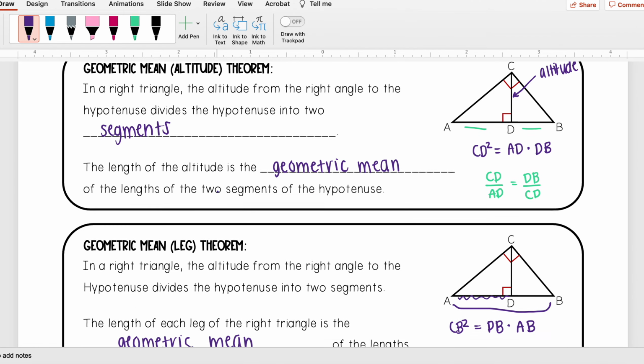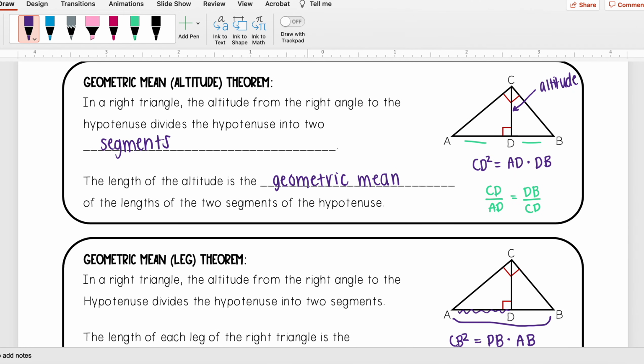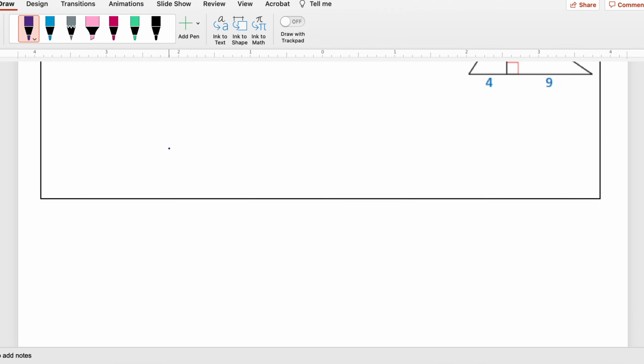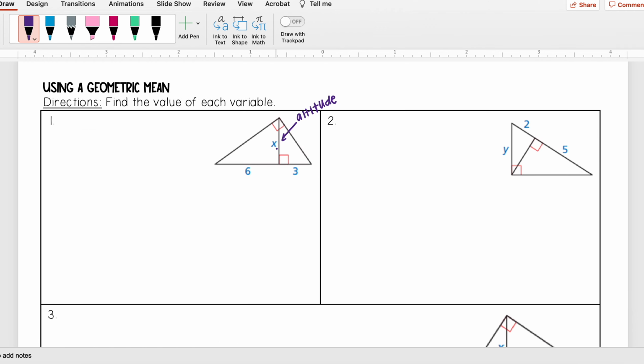And that first theorem told us that it's going to be the geometric mean of the lengths of the two segments of the hypotenuse. And so I'm just looking at what the two segments are equal to. So that means this equation is going to be set up as x squared is equal to my two segments multiplied together, so 6 times 3.